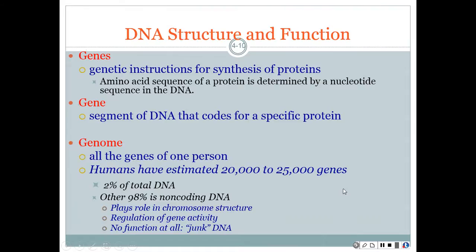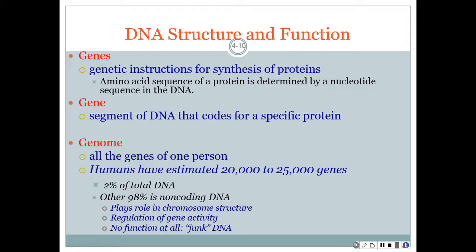All right, so let's look at a few terms. We have genes. What's a gene? Well, a gene is genetic information, or genetic instructions, for synthesis of proteins. It's the segment of DNA that codes for a specific protein. Then we have a genome, which is basically all the genes of one person.